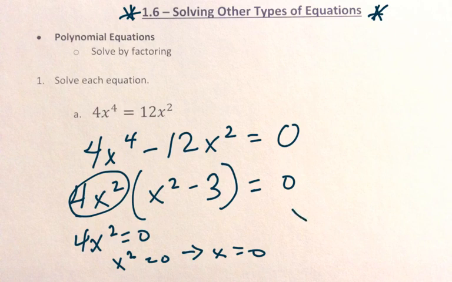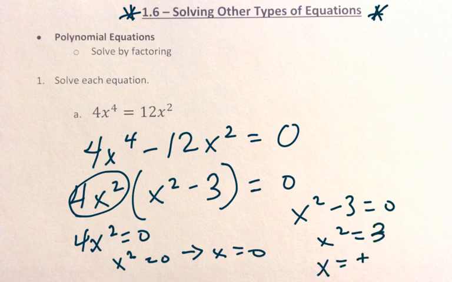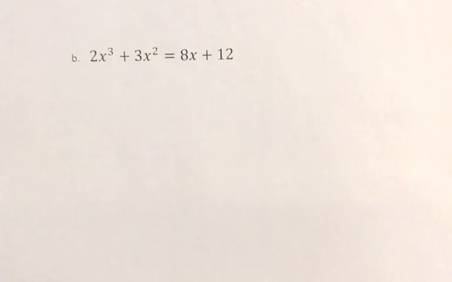Then we have x squared minus 3 equals 0, so x squared equals positive 3, so x equals plus or minus the square root of 3. So we have 3 zeros, but one has multiplicity of 2, which should match the degree of our polynomial. With this factoring, anytime we have a polynomial, we need to make sure that it's set equal to 0, so we have to move things over if they're not already done so.